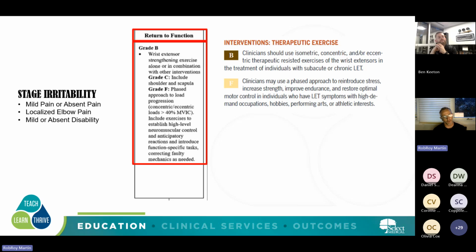Those are some of the cruxes to getting really high level evidence: blinding of the person administering the treatment, and blinding of the patient receiving it. It's a little easier to blind the evaluator, but those three components to get a high level one study can be hard to do.